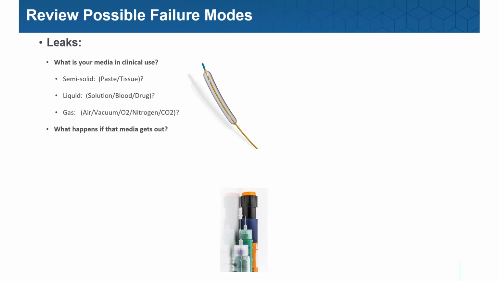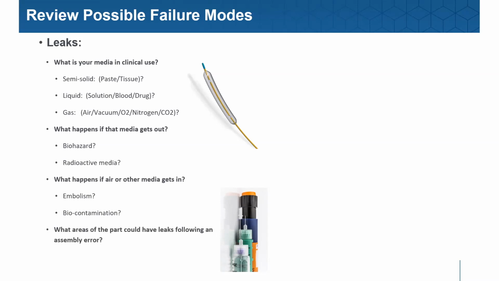What happens if that media gets out? Is there a biohazard risk due to perhaps blood? Is there a radioactive contrast media that may leak out into the operating room or into the procedure area? What happens if air or other gases or other media gets in? Is there a risk of an embolism, a bubble basically in the liquid path? Is there a risk of biocontamination of a sample or something like that?